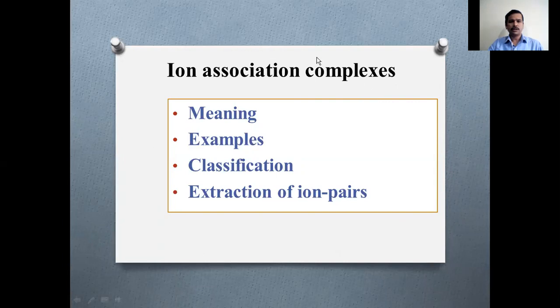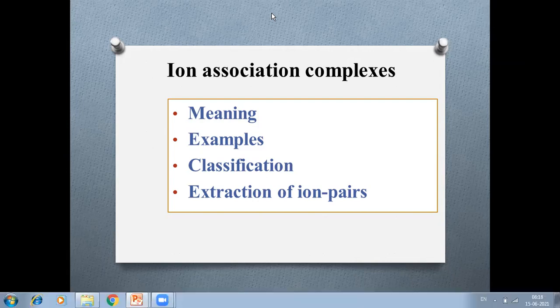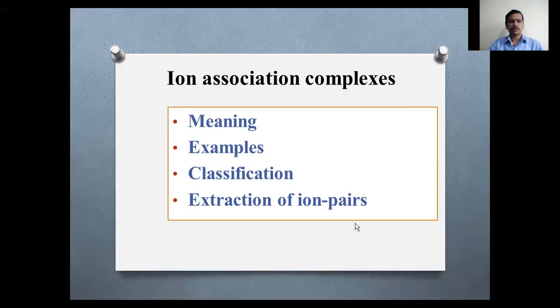What is the meaning of an ion association complex? What are the examples we will come across? How are ion association complexes generally classified, and what are the several examples involved in their extraction? Let us discuss.